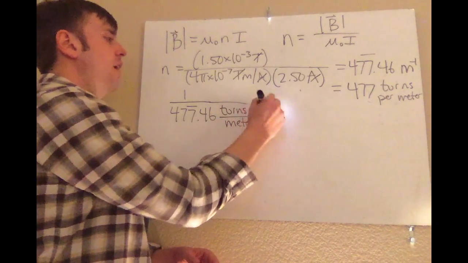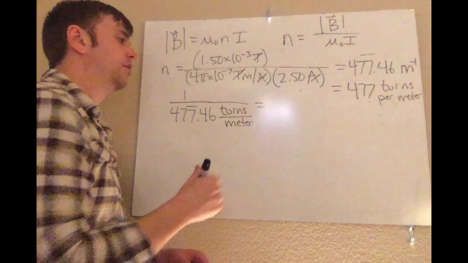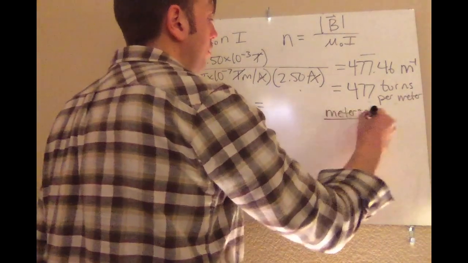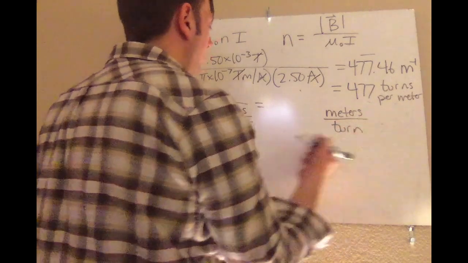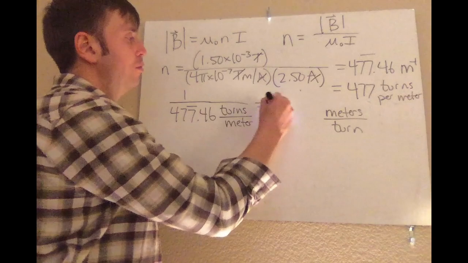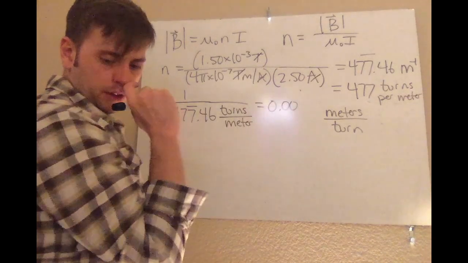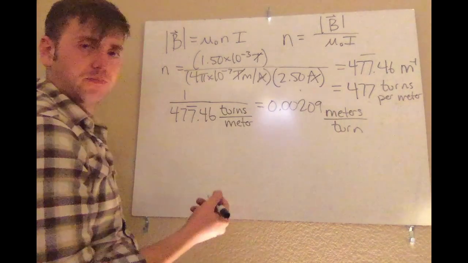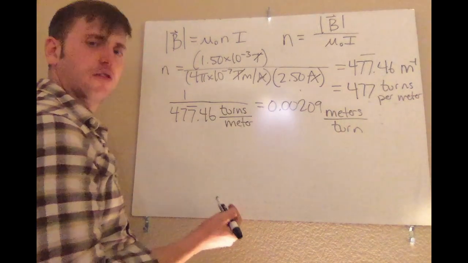But if I invert that, flip the units around, and now we have meters per turn. And the number here works out to something pretty small. It's 0.00209 meters per turn. And how do we interpret that?